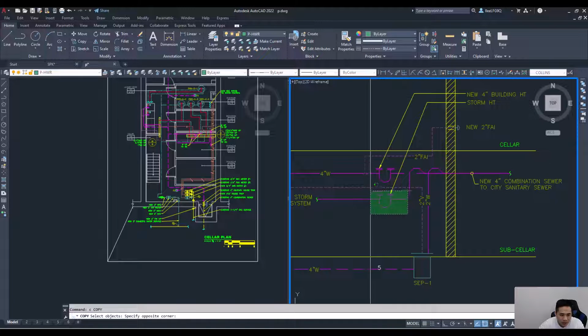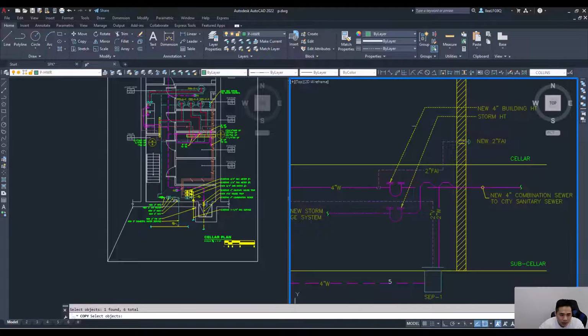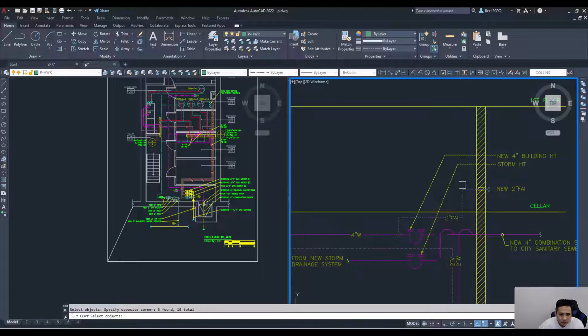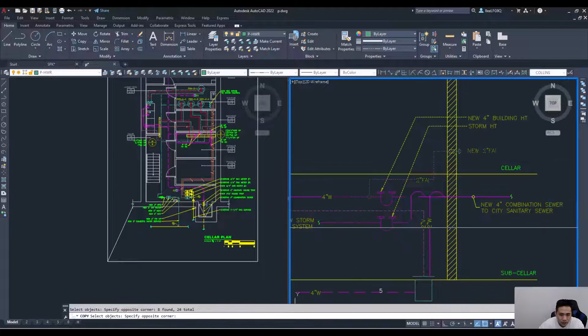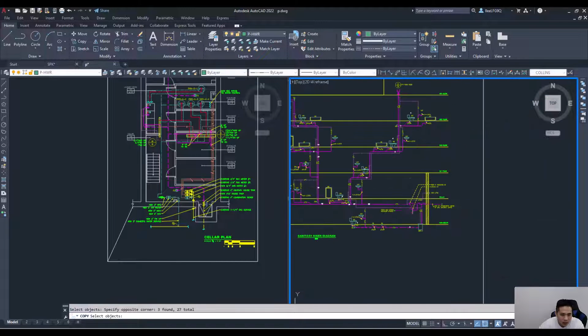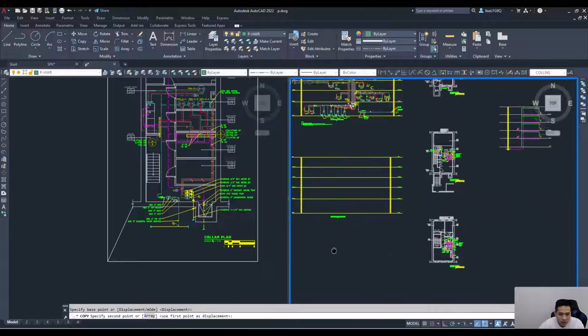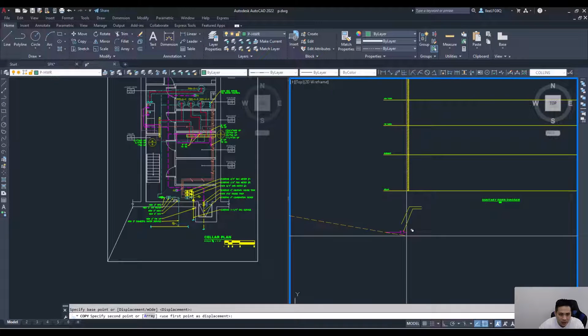So I'm going to copy this, copy the note, copy this, the fresh air intake, this as well, and the note here. So we'll move this over to our sanitary riser diagram.